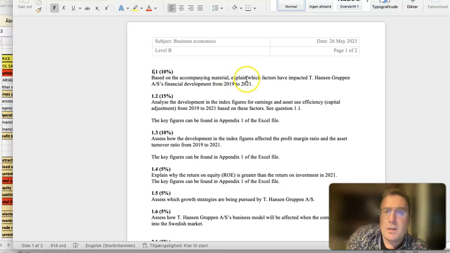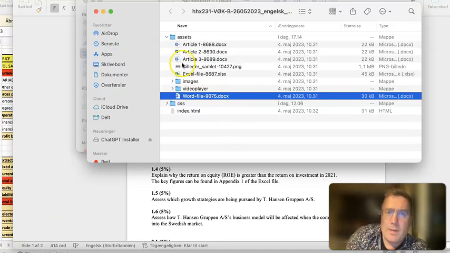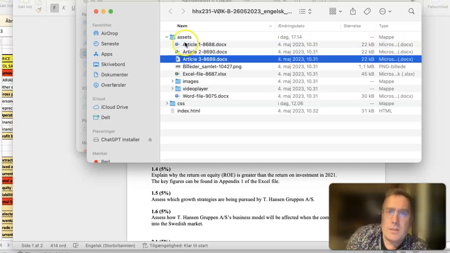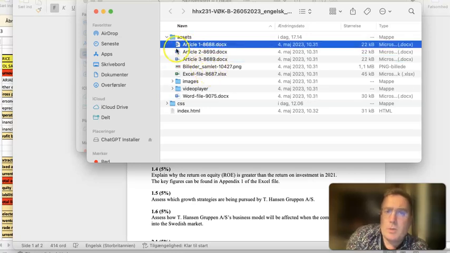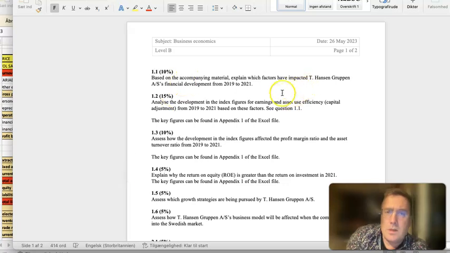First assignment: based on the accompanying material, explain which factors have impacted T. Hansen Group's financial development. If we open here, we have three articles. You're supposed to read these articles.